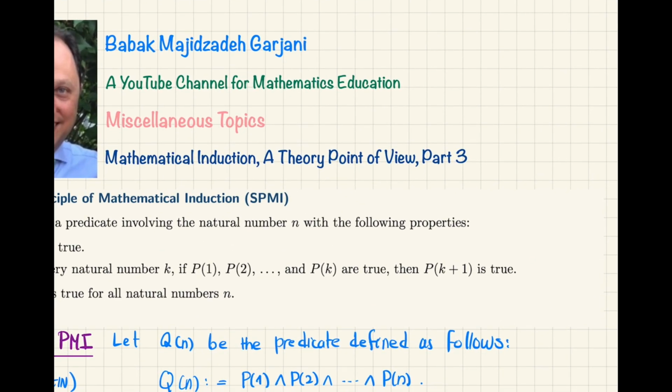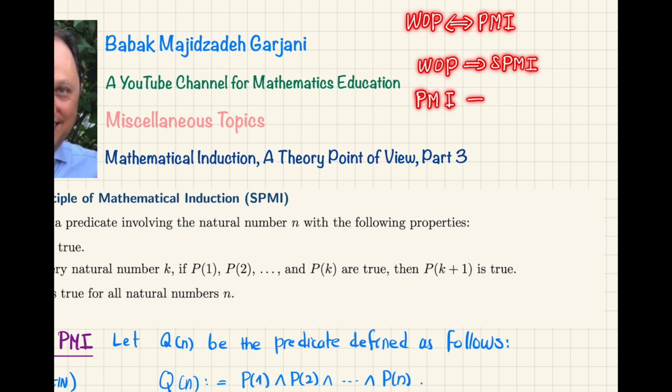You know that in video 1 I showed that WOP and PMI are two equivalent statements regarding the set of natural numbers. And now I am saying that I was able to show that WOP implies the strong principle of mathematical induction, and I just showed that PMI itself can also imply SPMI.